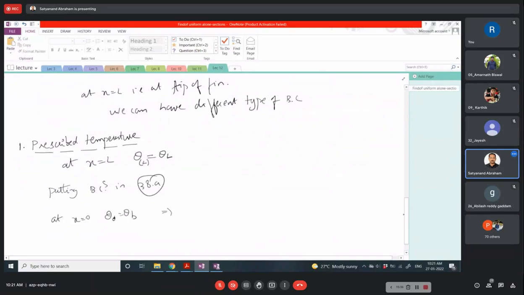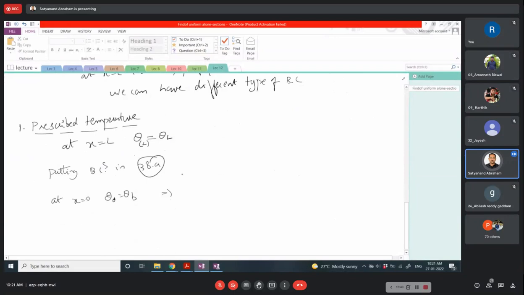The equation is theta is equal to C cosh mx plus D sinh mx. Putting 0, cosh 0 is 1, sinh 0 is equal to 0 itself.